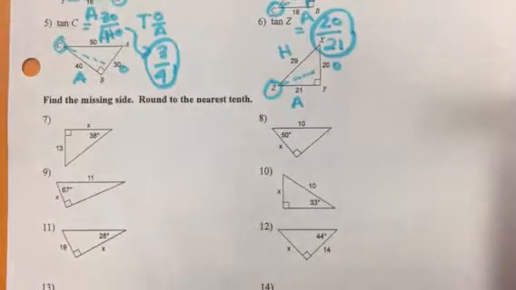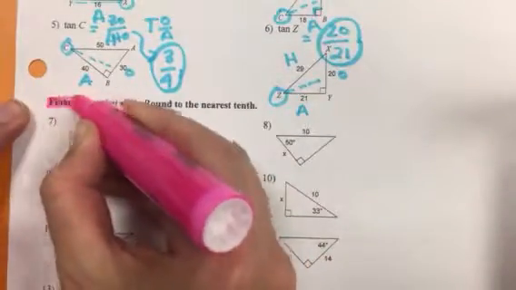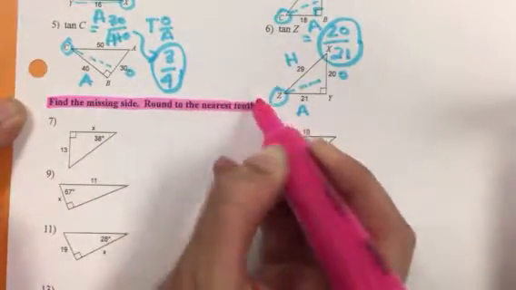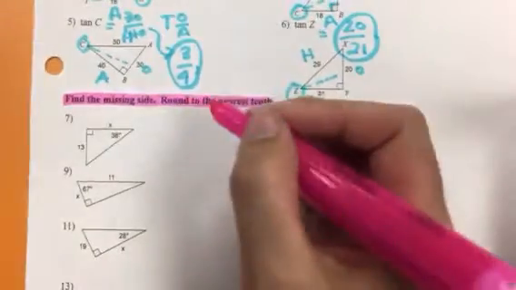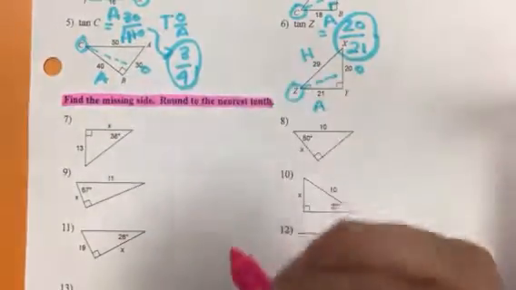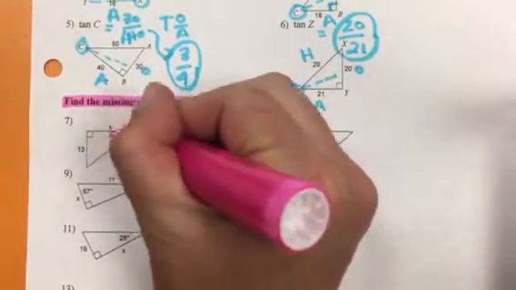For the next section, we are going to be finding the missing side, and we need to round to the nearest tenth, so we're only going to have one number after the decimal point. So we look at the angle that was given. We always start with the angle.